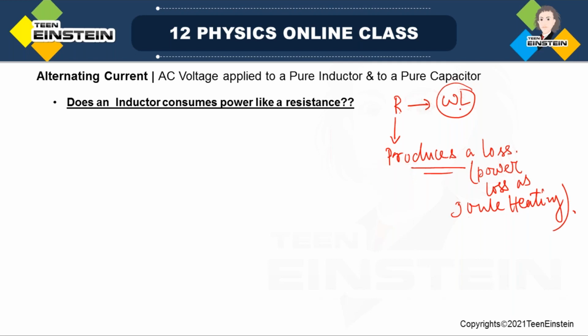So in the inductive circuit also, omega L, which is called inductive reactance, limits the current in the circuit, as resistance does in a resistive circuit.